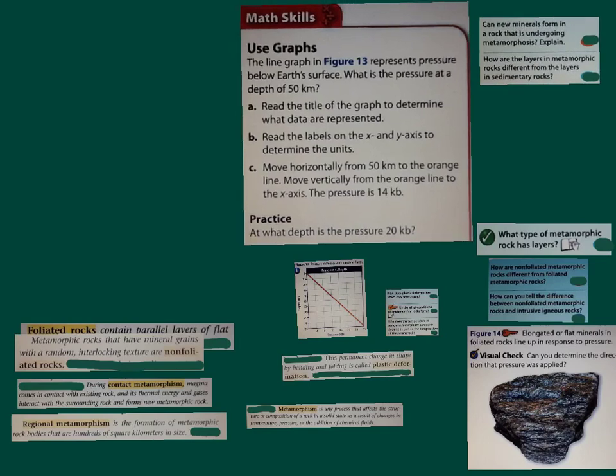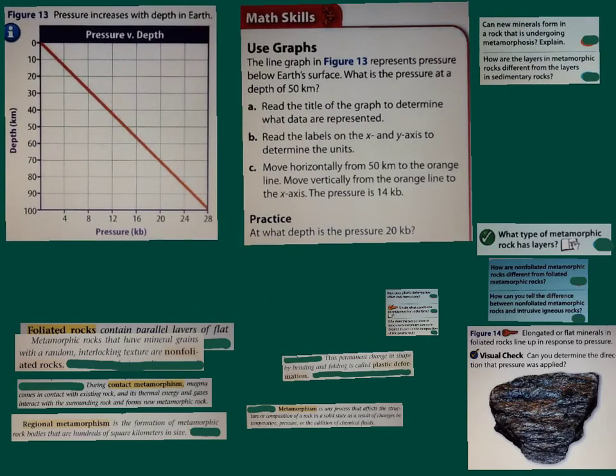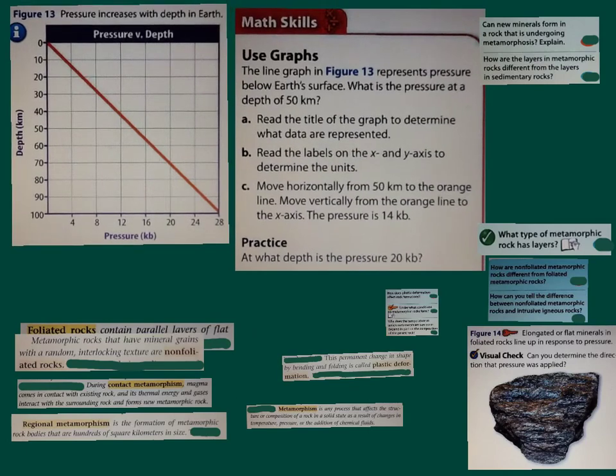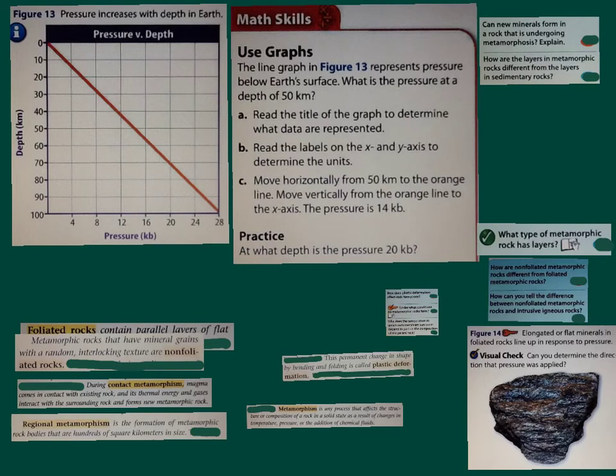Now, I'm going to bring this back up, because we're going to be using it with this information over here, and that is learning about graphs. If you notice, it says the line graph in figure 13 represents pressure below Earth's surface.